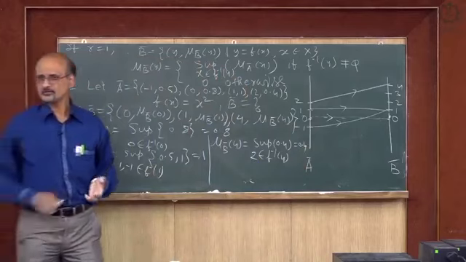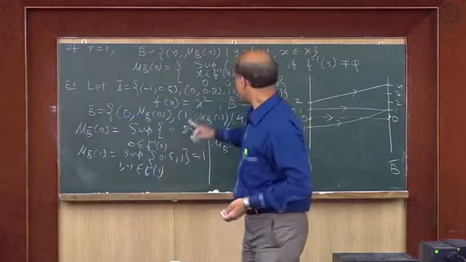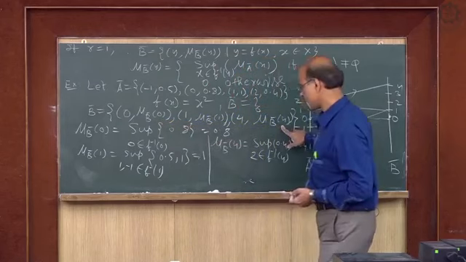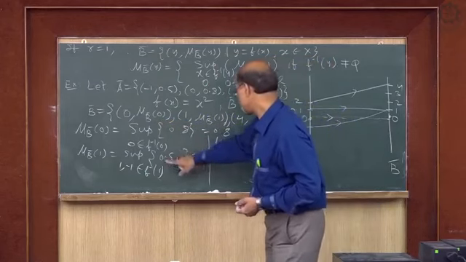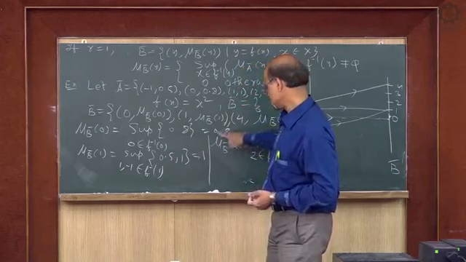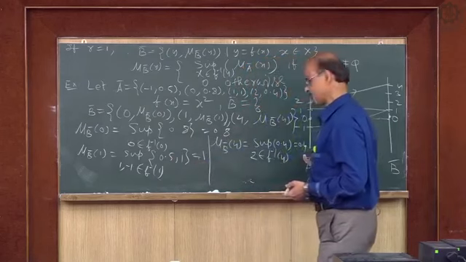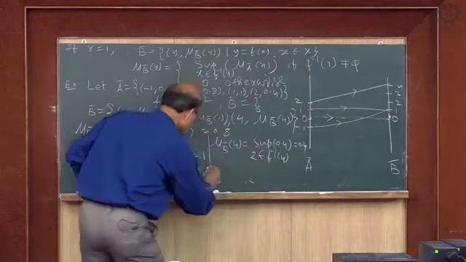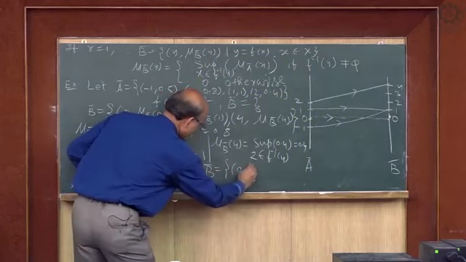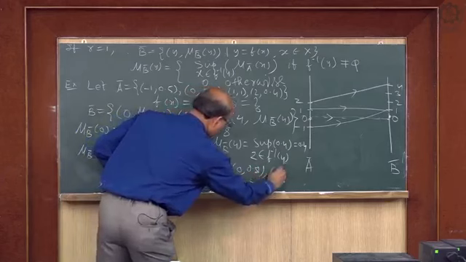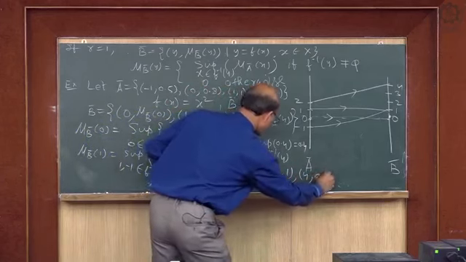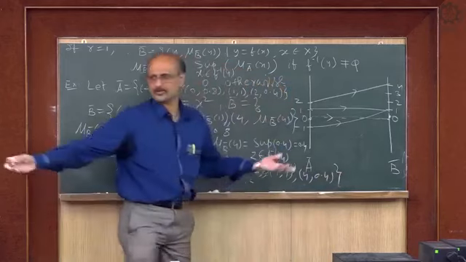You saw? It's okay? So now I can replace mu B bar 0, mu B bar 1 and mu B bar 4 by 0.8, 1 and 0.4. So I got the fuzzy set B bar as 0 with 0.8, 1 with 1, and 4 with 0.4. This is very simple.